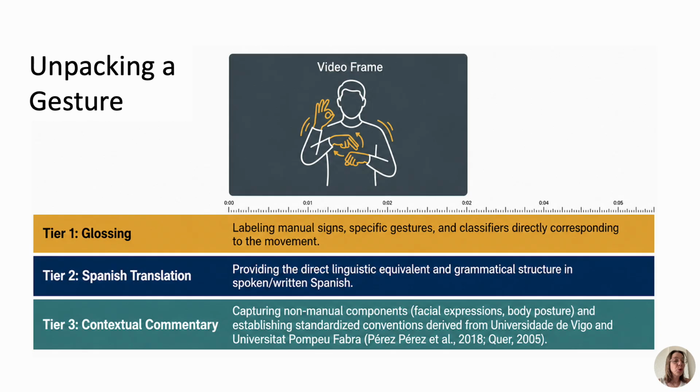And this is where you really see how meticulous this work is. In ELAN, researchers aren't just tagging the hands. Sure, they annotate manual signs, but they also capture non-manual components like a subtle eyebrow raise or a specific lip movement.